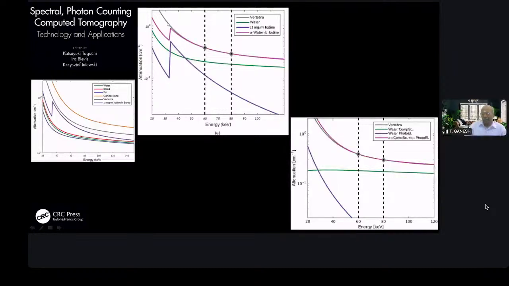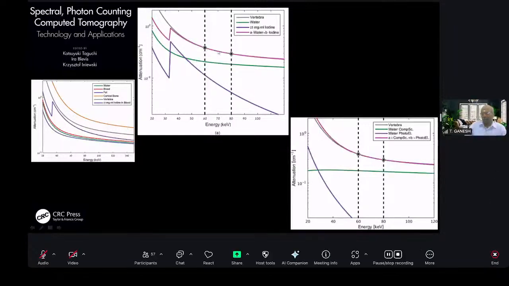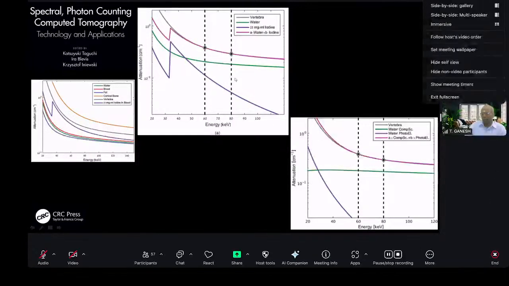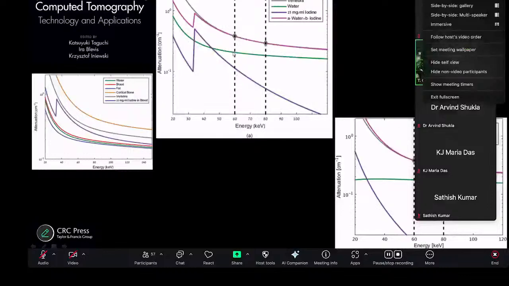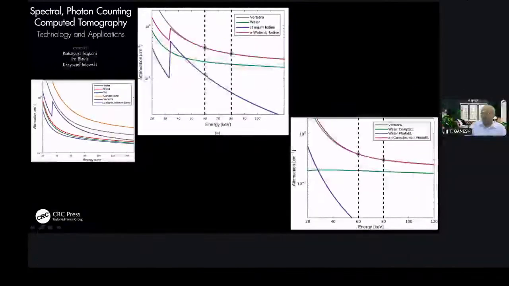Except for this KH, you are able to almost reproduce it by a proper linear combination of these two base materials. So here, iodine and water are the two base materials.